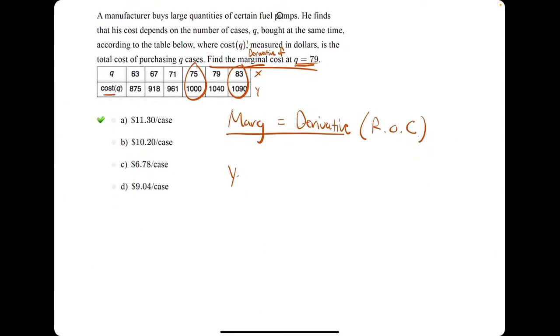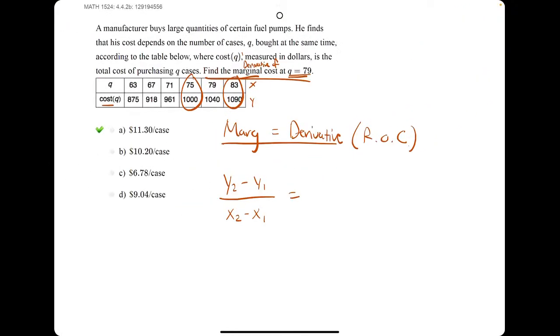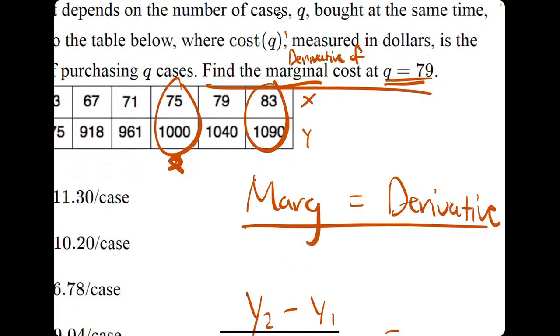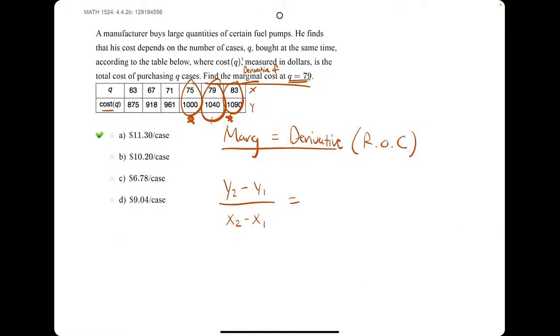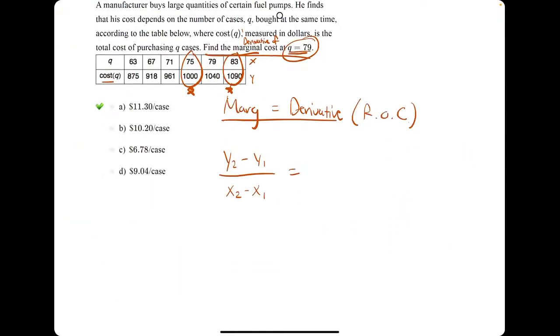To find the slope between 2 points, we want to use y2 minus y1 over x2 minus x1. The slope between these 2 points will give a good estimate for the slope right in the middle, in other words, the rate of change at 79.